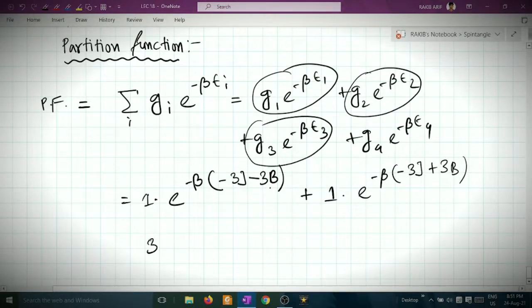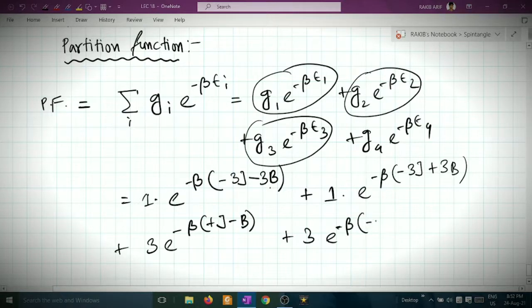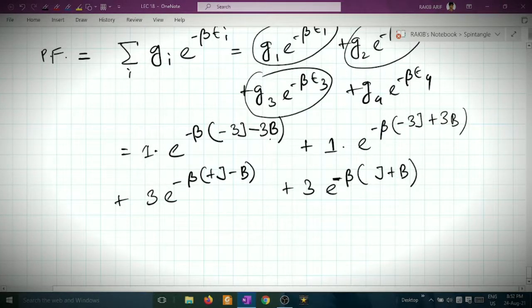It is 3, e to the power minus beta times plus j minus b, and here also a 3, e to the power minus beta times j plus b. Okay, this is your required partition function.